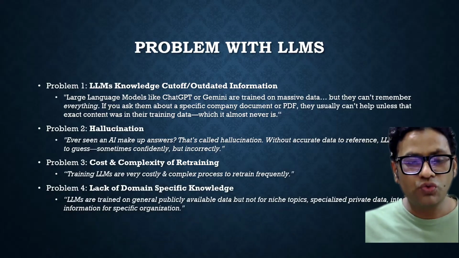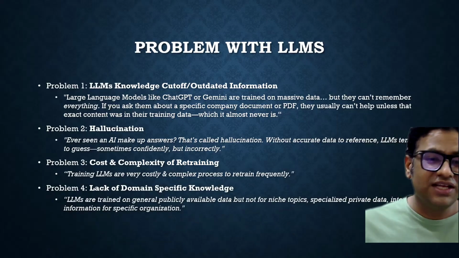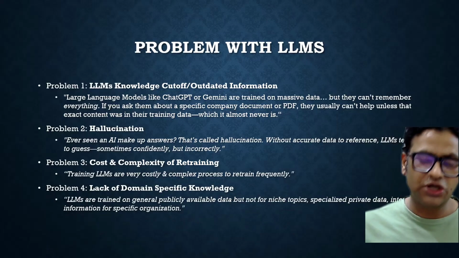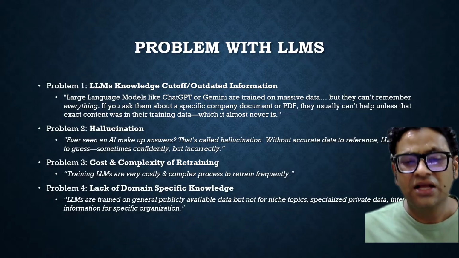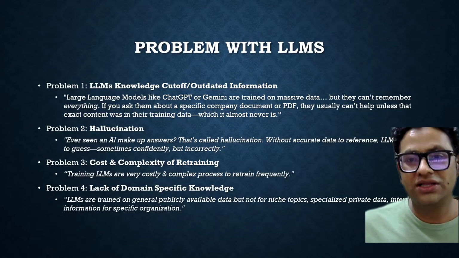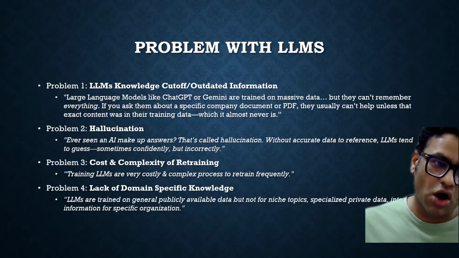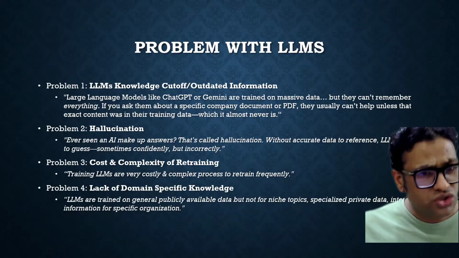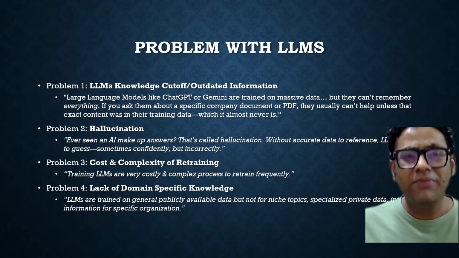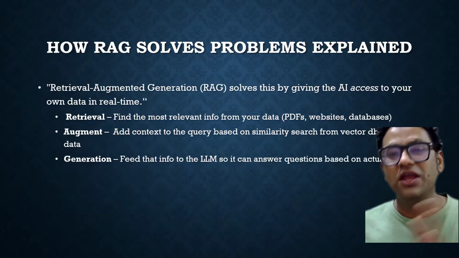And the fourth one is that there can be very specific information related to a specific organization, which could be anything, that is not available for these models to get trained on. So these are the four main problems, though there can be many more situations, for which the RAG concept evolved.